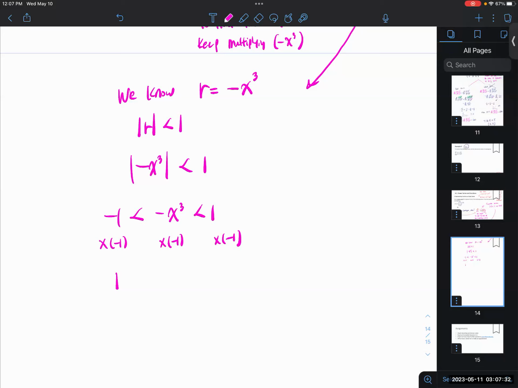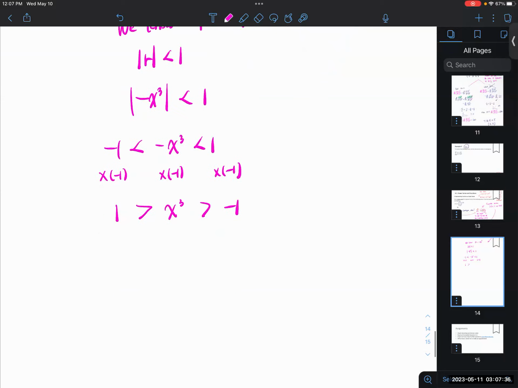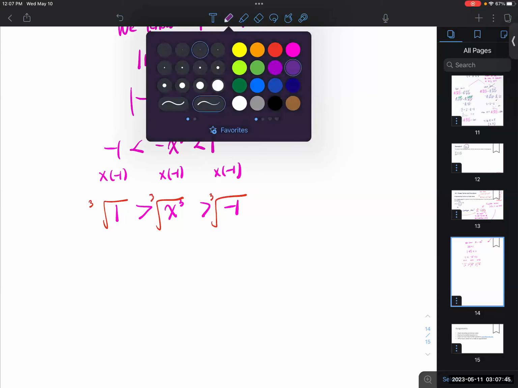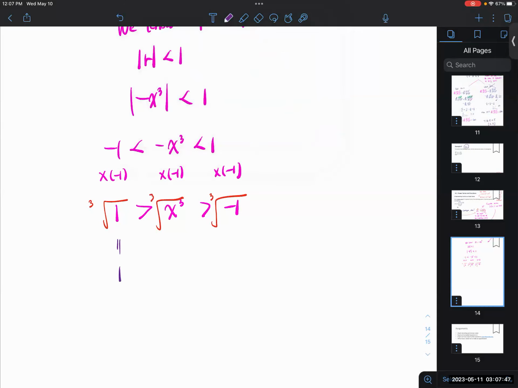Negative times a positive, you're going to switch over to x to the third between negative 1 and 1. And then I'm going to take the third root to get rid of the third power, so they cancel everywhere. So this is still negative 1 less than x less than 1. So that's the possible x.